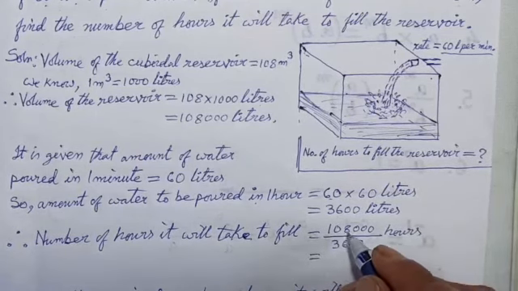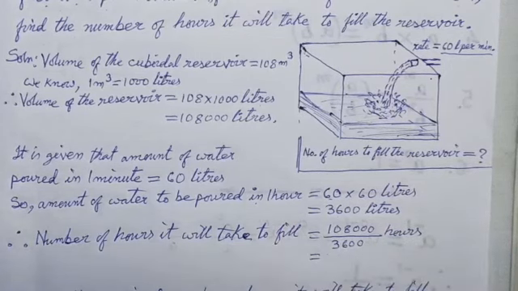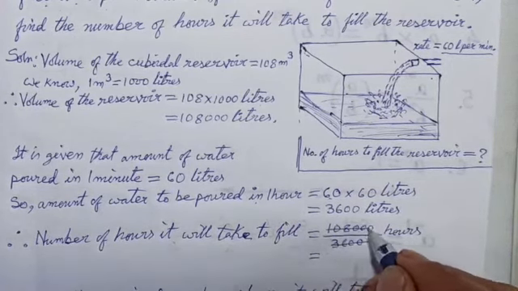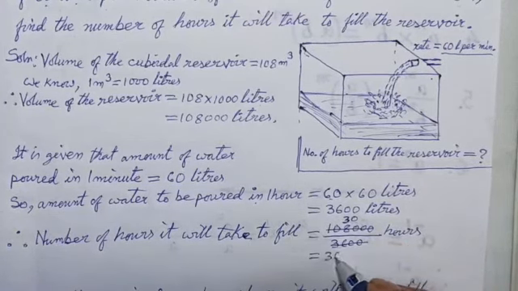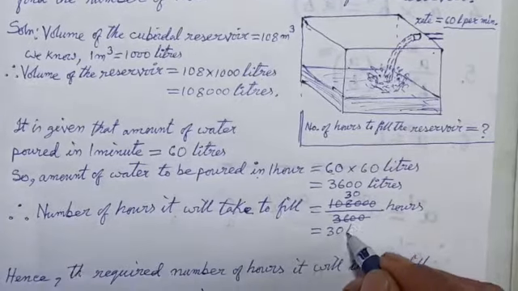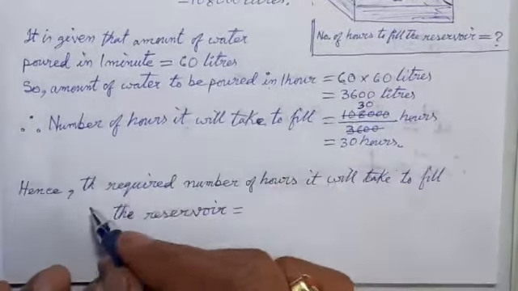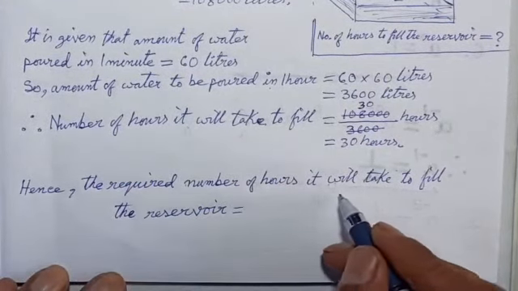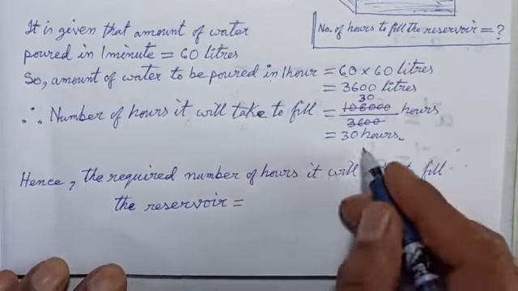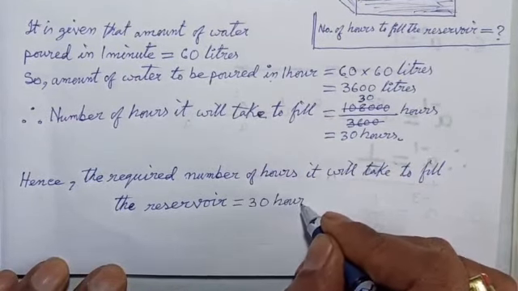If this number is divided by this, then we will get 30. So 30 hours is getting. Hence, the required number of hours it will take to fill the reservoir is 30 hours. And this is the answer.